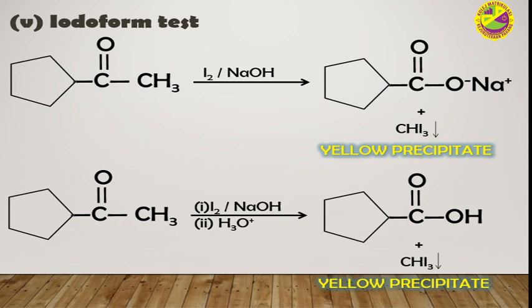Another way to write the equation for iodoform test is by writing 1 Roman I2/NaOH followed by 2 Roman H3O plus. The product now is CH3 being replaced with OH, plus CHI3 with an arrow pointing downwards.